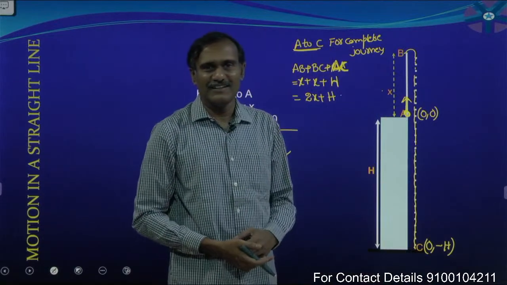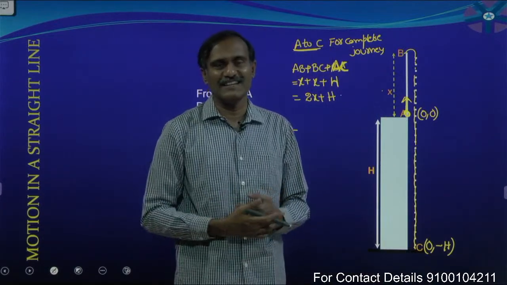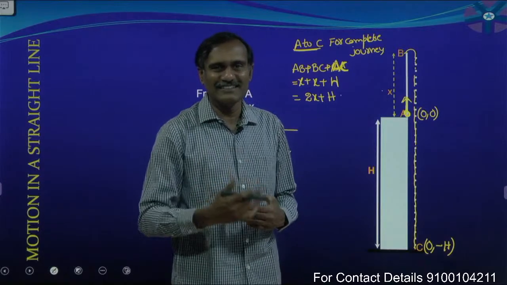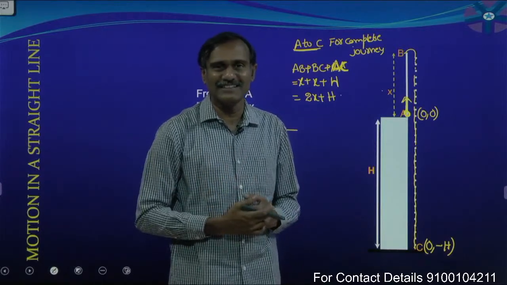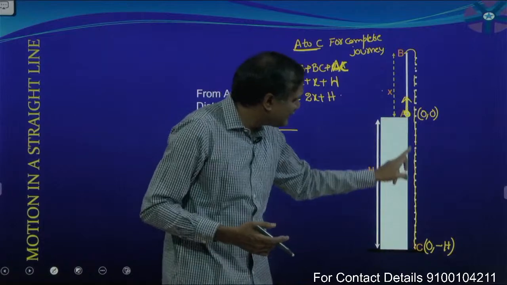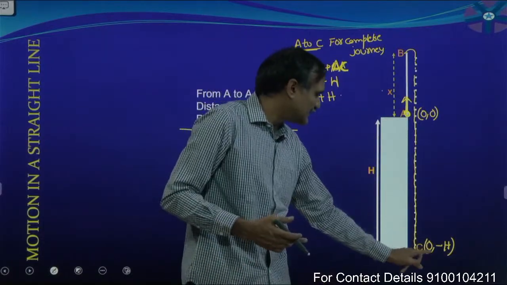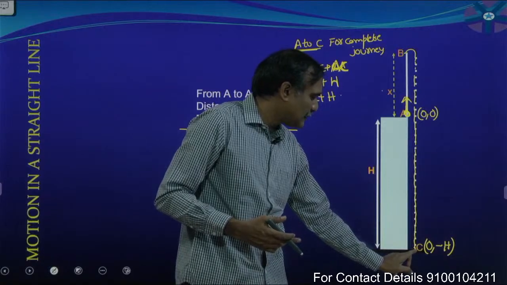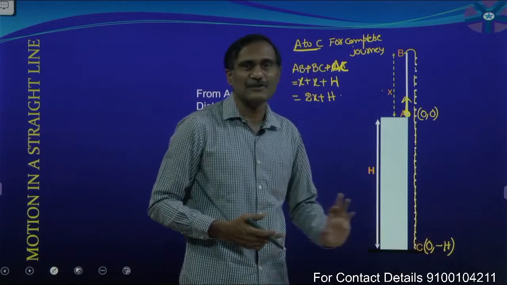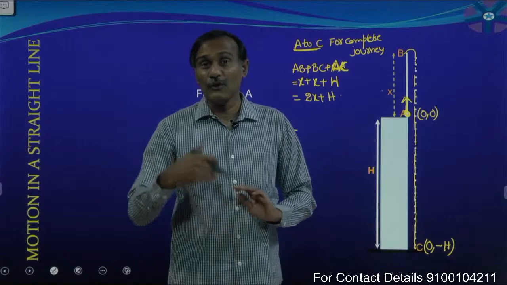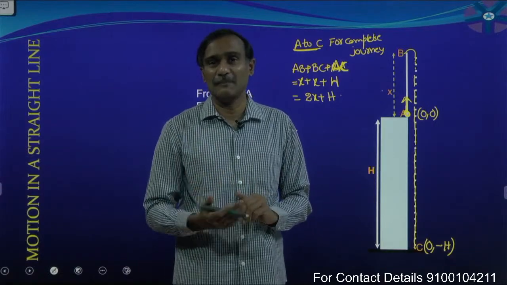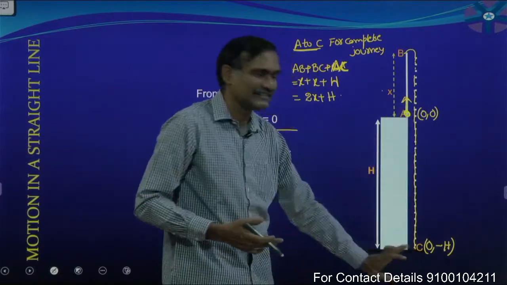Okay. 0, minus h. Why do you consider minus h here? Because it is the negative y axis. So, I consider its position as 0, minus h. Now, calculate the displacement along the y axis.